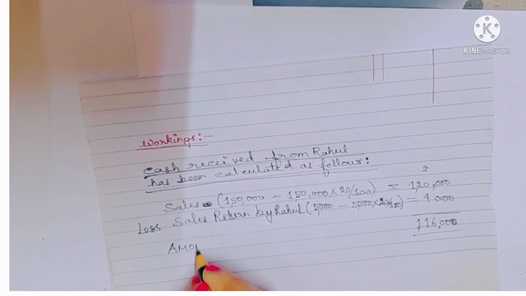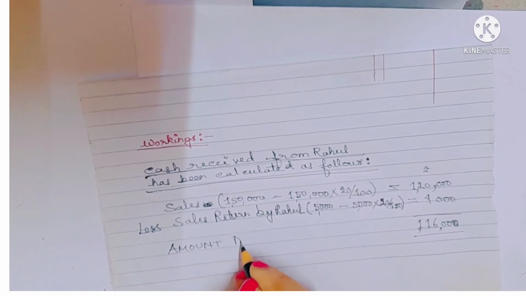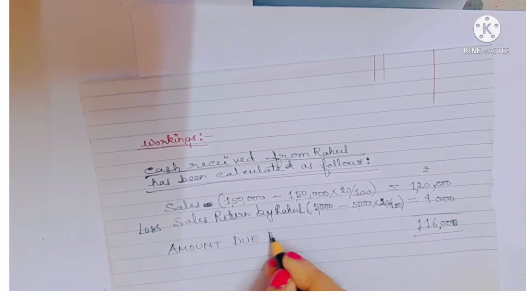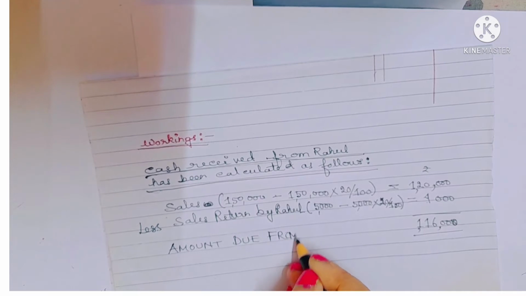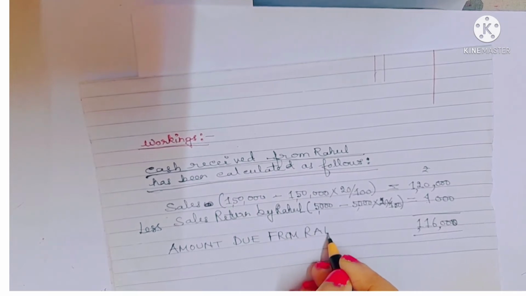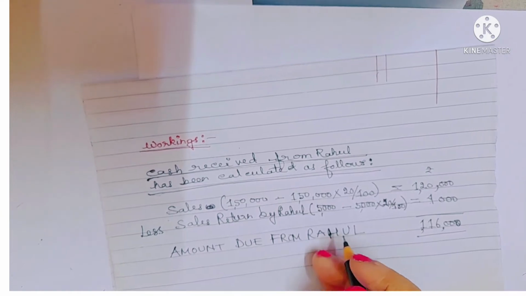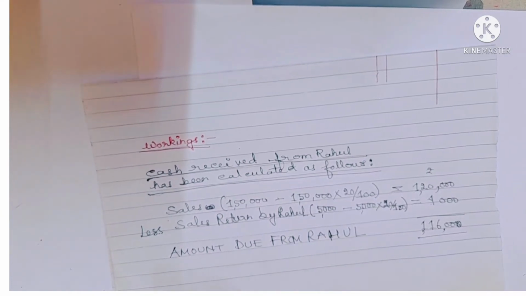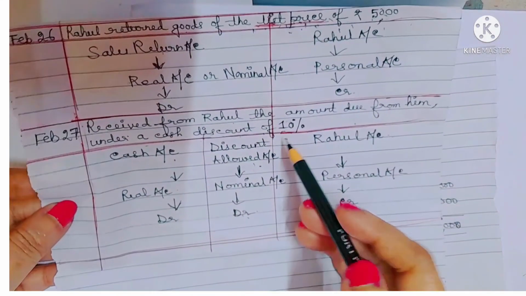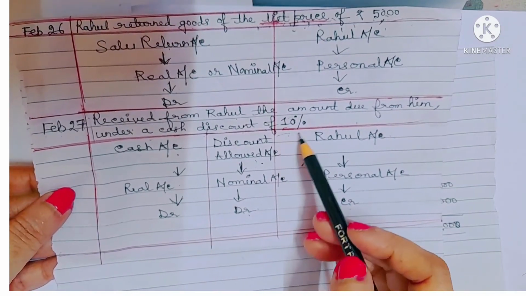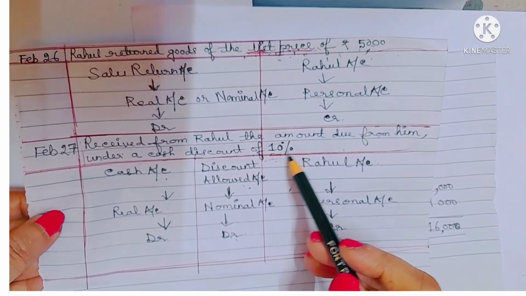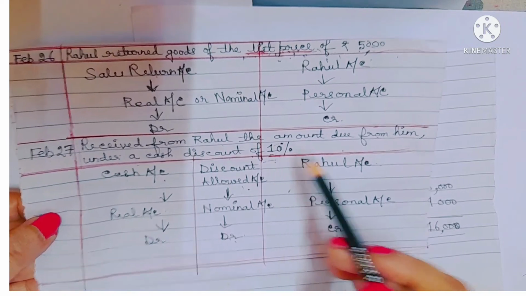Amount due from Rahul. Okay. Now we are allowing him cash discount as well. What is the cash discount rate? See, 10% cash discount rate.